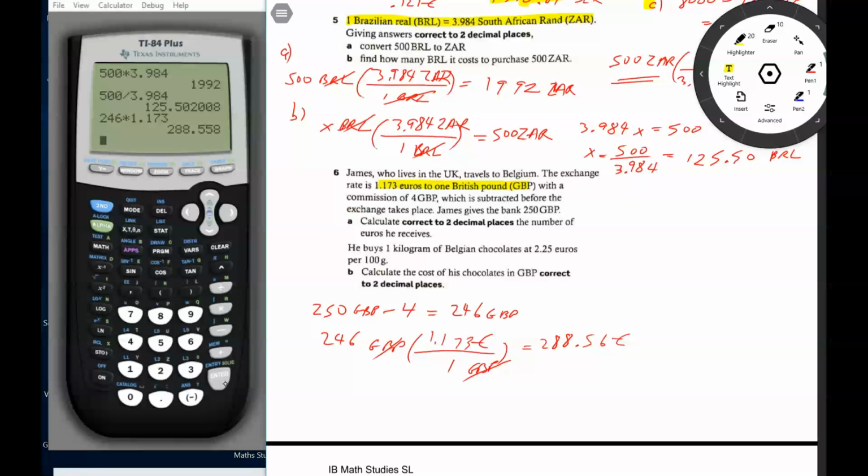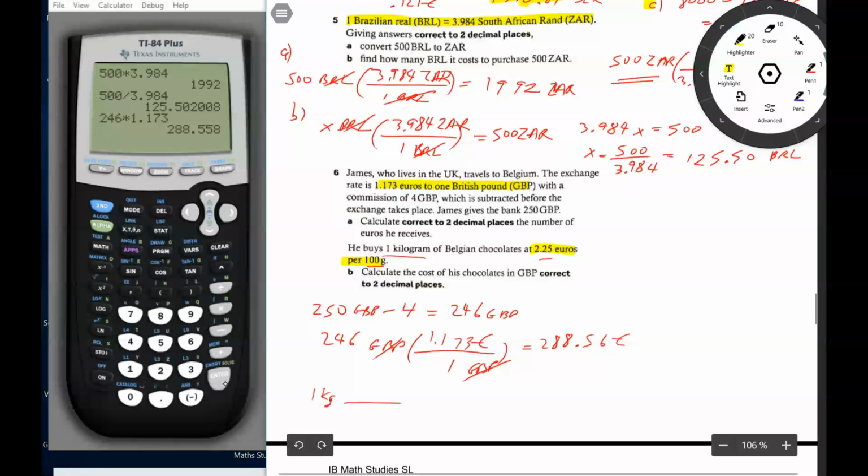He buys 1 kilogram of Belgian chocolate at 2.25 euros per 100 grams. Calculate the cost of his chocolates in GBP, correct to 2 decimal places. Okay, so he's going to buy 1 kilogram of chocolate, and the rate is 2.25 euros per 100 grams. So that's the domino, right? So first what we're going to do is start with 1 kilogram.